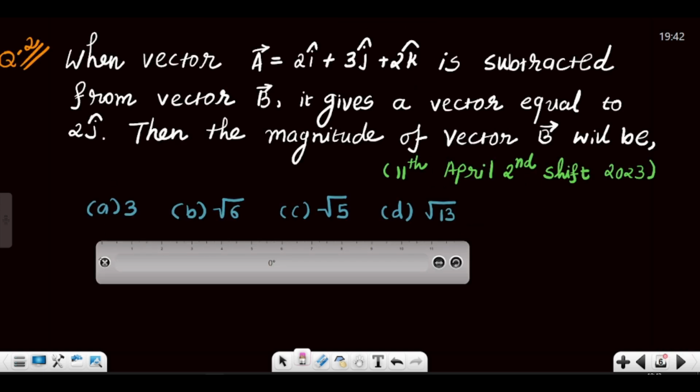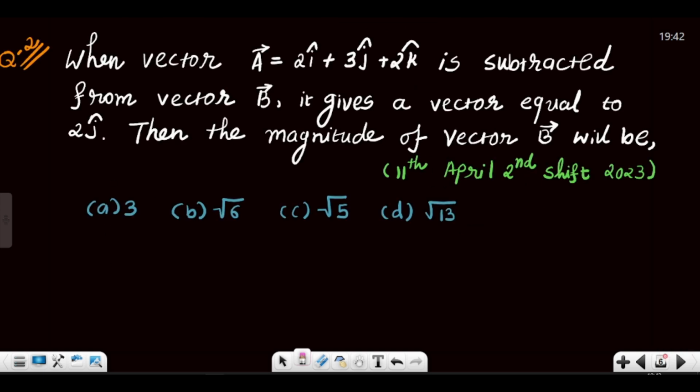Next question is, here we have vector A subtracted from vector B. So what they have said to do is vector B minus A. Here A is subtracted from B, then it gives a vector equal to 2 j cap.